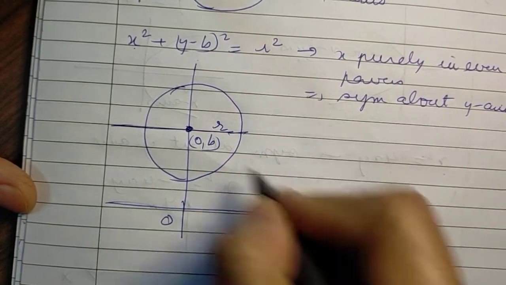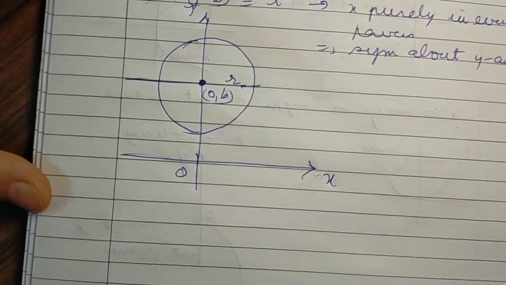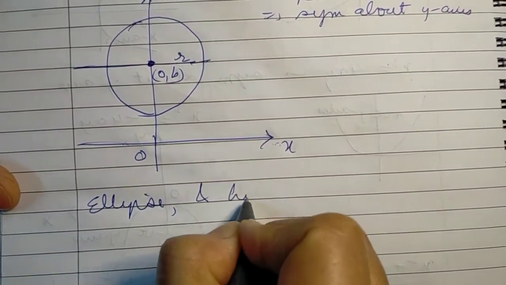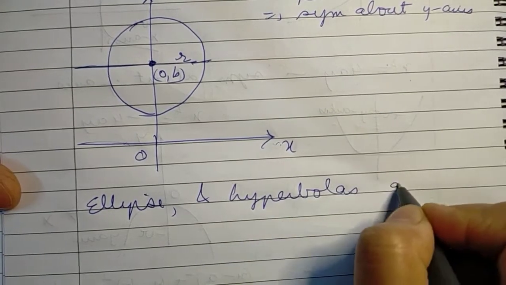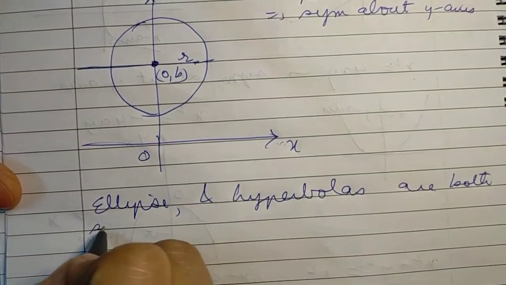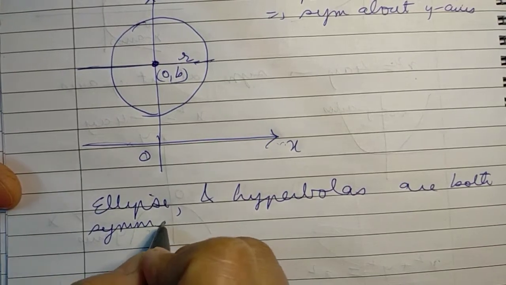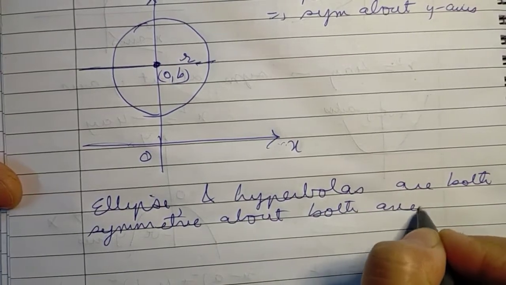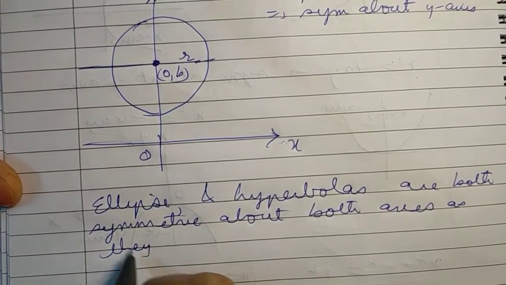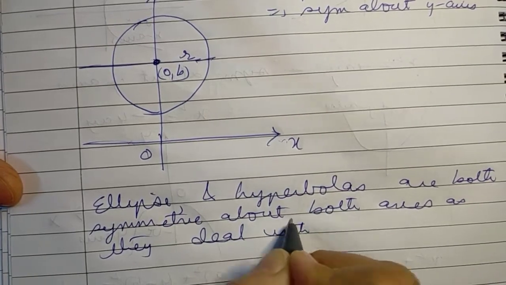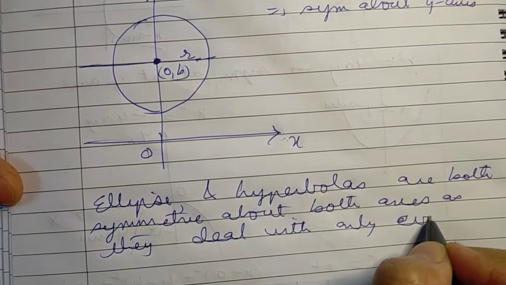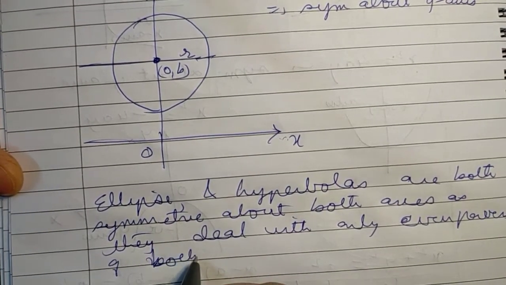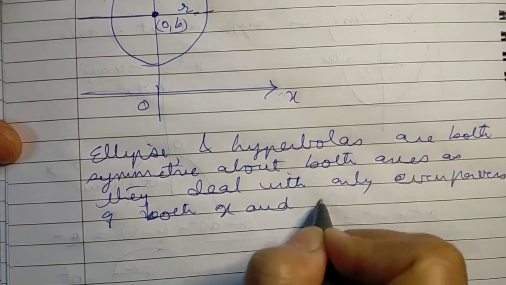Now in the same way, we have already done the ellipse and hyperbolas; both are symmetric about both axes as they deal with only even powers of both x and y.